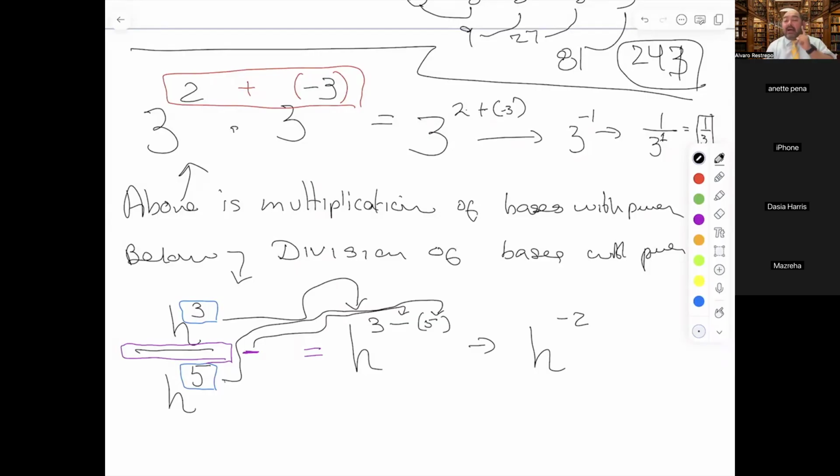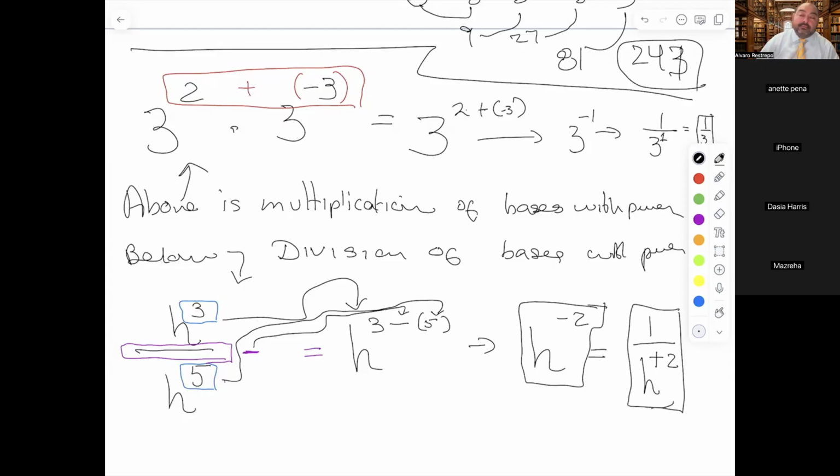What did we just say about negative values? We do the reciprocal. So it's 1 over h to the plus 2. This is my final answer. All right, let's keep going, because I'm not even to the point of where I need to be.